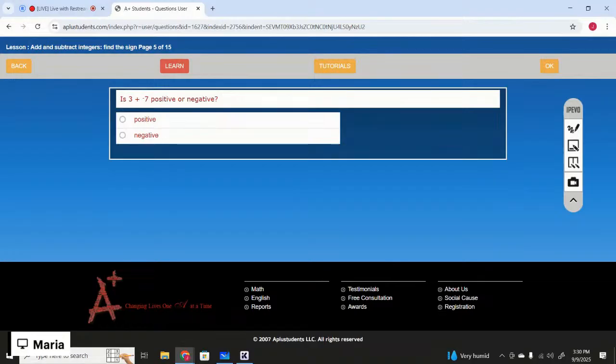Is 3 plus negative 7? Negative it is. Option number 2 is the correct option.